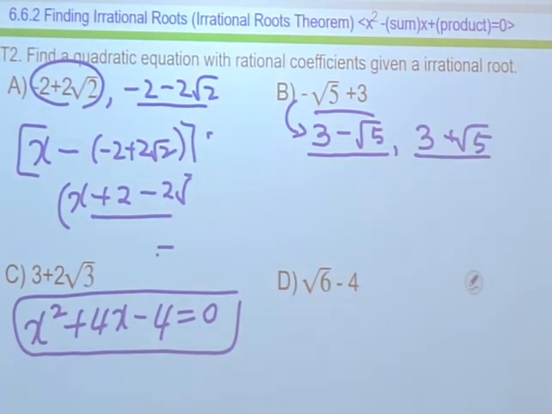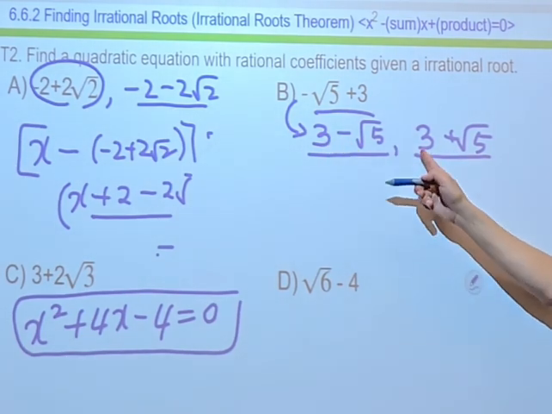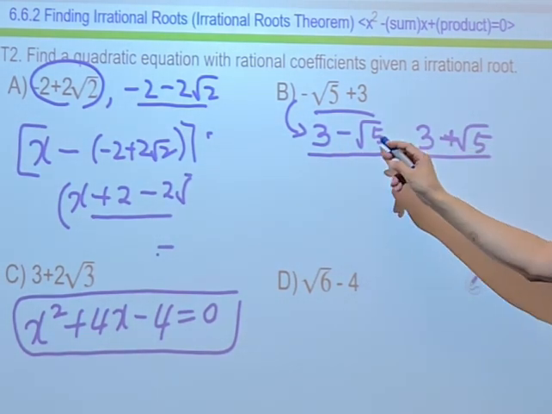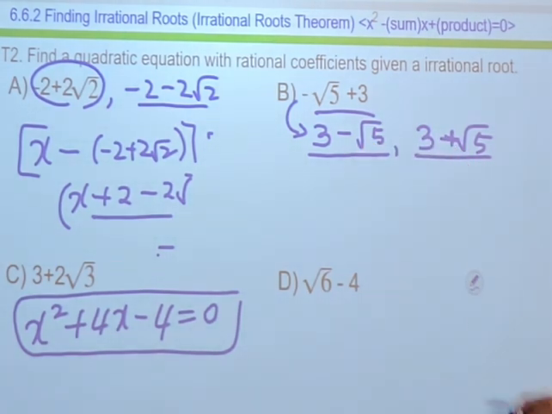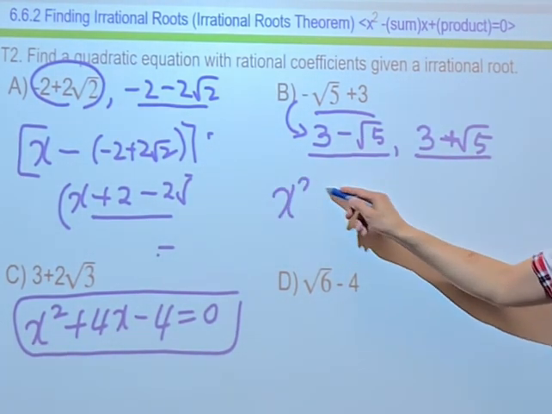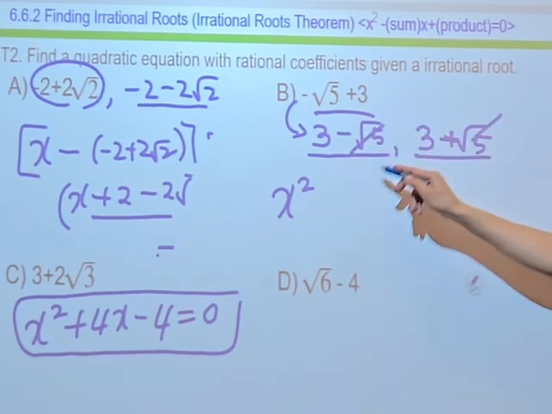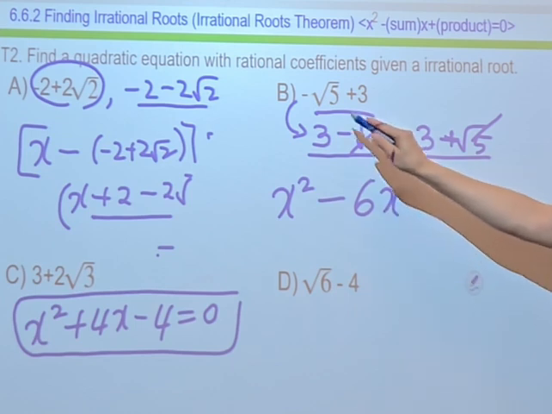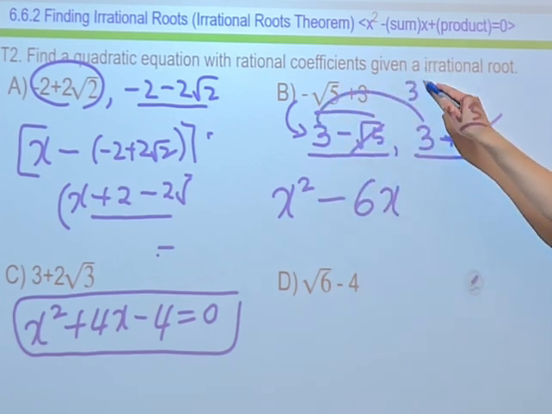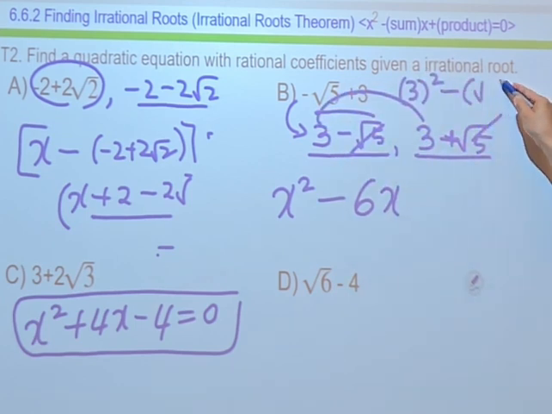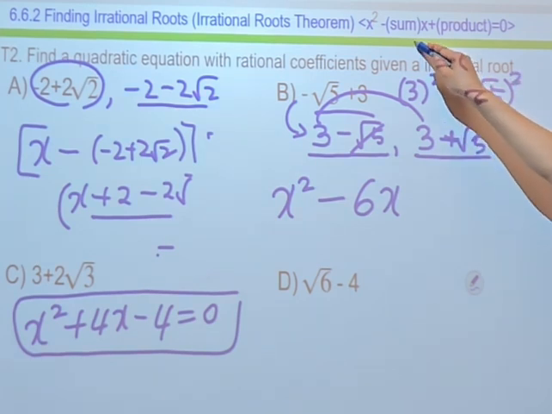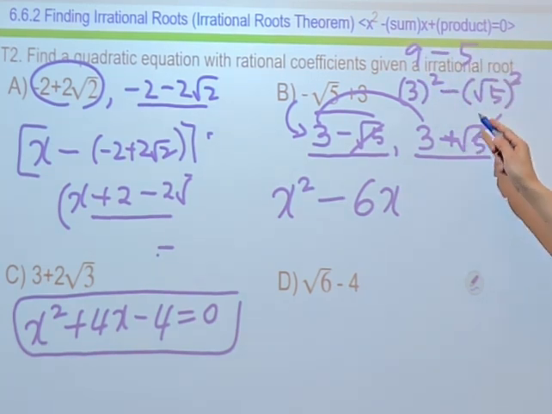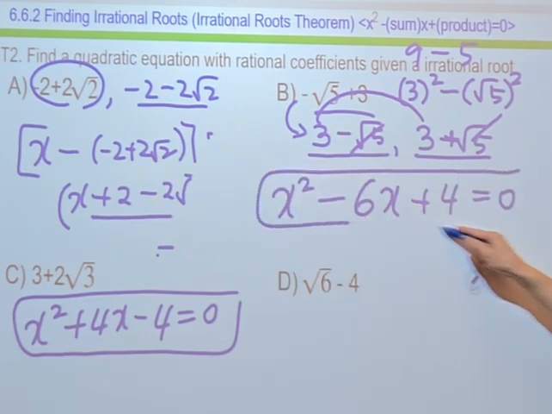Everybody got it? Conjugate means everything is the same, only the sign in front of the root is opposite. That's a conjugate. Make sense? So now x squared. The sum: this cancels out, the sum is 6. So minus sum x plus product. Product means the first one squared minus the second one squared, so 3 squared minus root 5 squared. This is 9 minus 5, which is 4. That's the answer. Everybody got it?